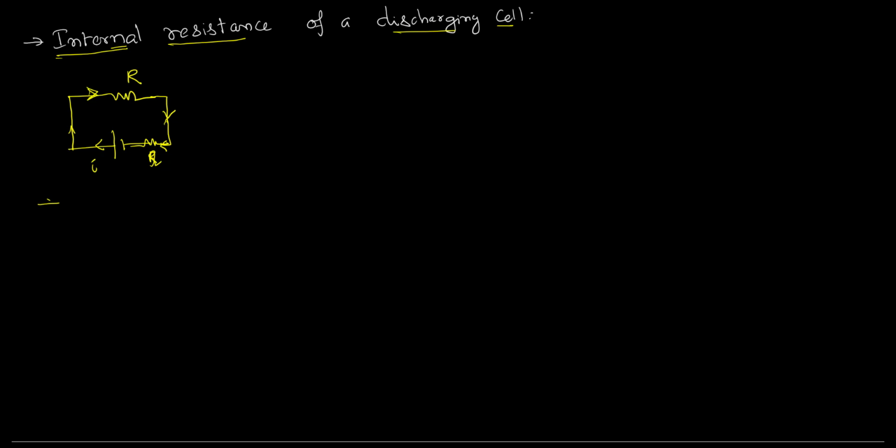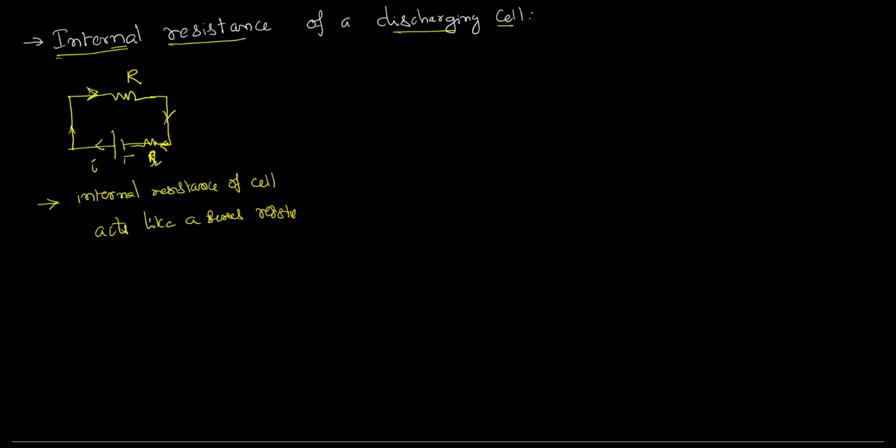So the first point that we need to understand is that the internal resistance of the cell acts like a series resistance to the external resistance. So this cell must have some EMF.